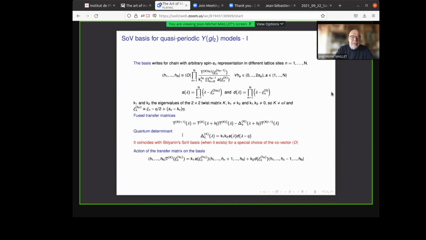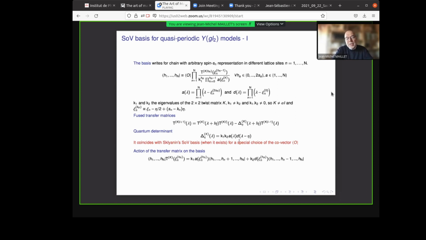And what is very interesting and very important for the full characterization of the spectrum is that if you look at this basis, you can, just using fusion relation, show that the transfer matrix action in the chosen point here can be just obtained as a linear combination of only two vectors. So shifted plus and shifted minus of the one coordinate.